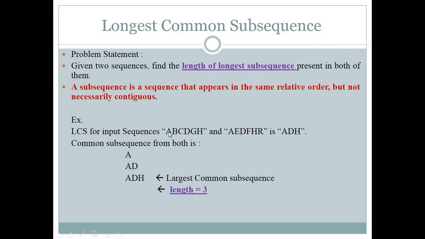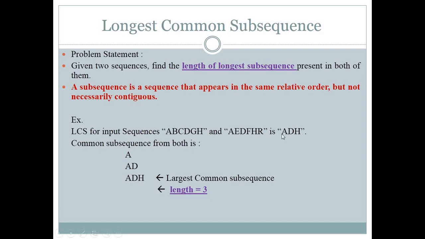If we match a and d, then after matching a and d we cannot go to a previous step; we will go in one direction only, the forward direction. So a subsequence is a sequence that appears in the same relative order, that is the most important thing, but not necessarily contiguous. It means our subsequence need not be in a continuous manner.